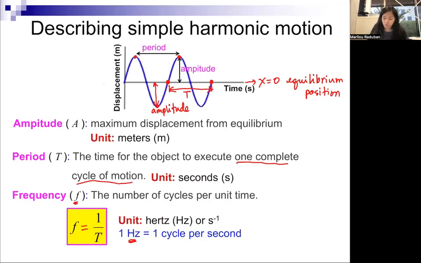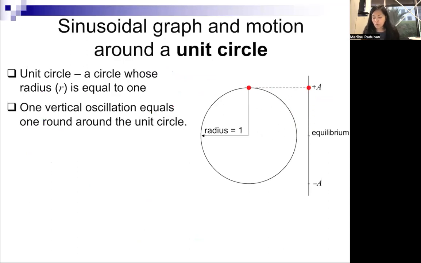Right. So those are the three parameters that describe simple harmonic motion. There's a fourth parameter called angular frequency. And to understand angular frequency, let's relate the motion of the oscillating object to its motion around a circle.